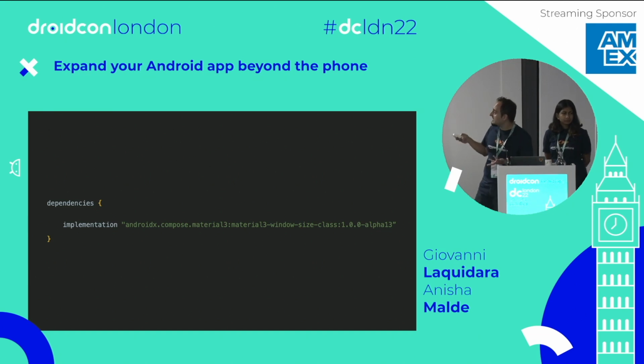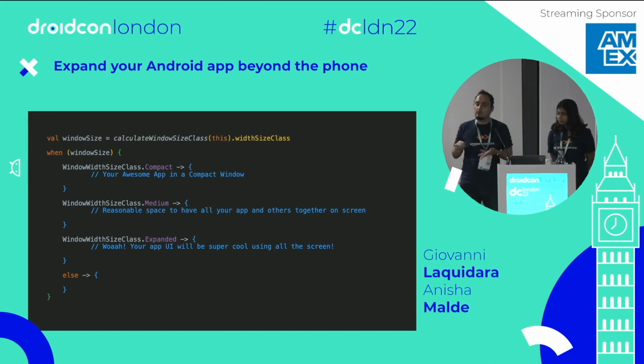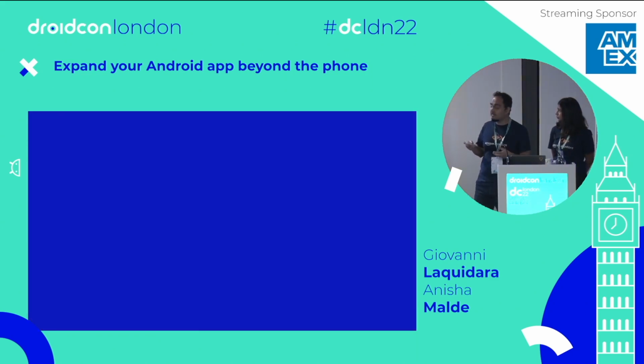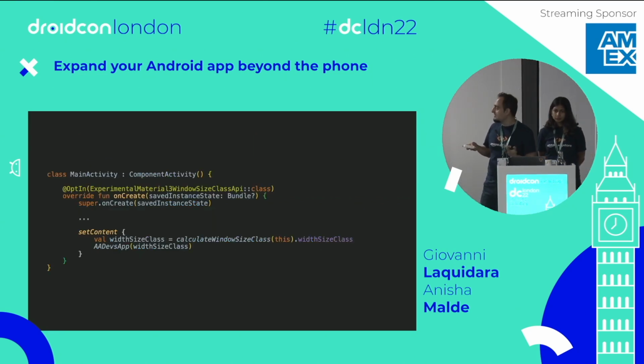In this specific case, we use the Material 3 window size class library. Just add the dependency line in the build Gradle file. Then we use the API calculateWindowSizeClass to extract the width of the window the app is running in. You can decide to adapt the UI depending on whether the window width is compact, medium or expanded.